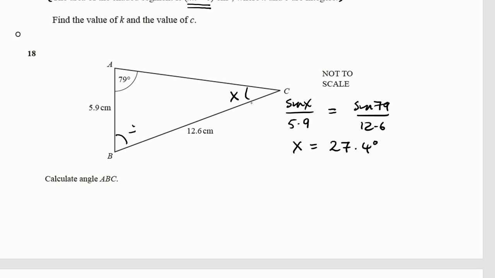And then this thing down here, the one that I actually want, is going to be 180 minus 27.4 minus 79. And I can work that out very easily on the calculator, getting me a final answer of 73.6 degrees. More in the next video.